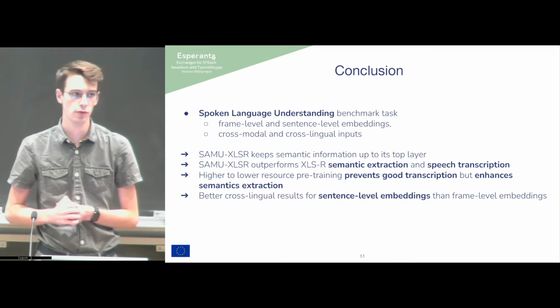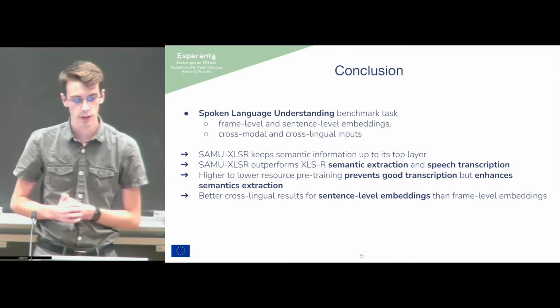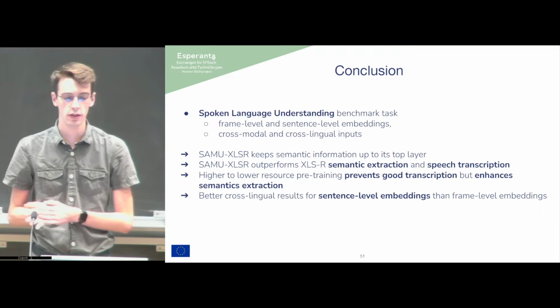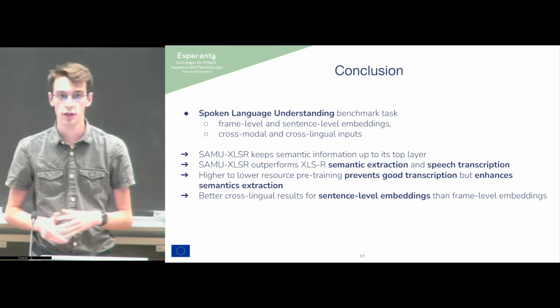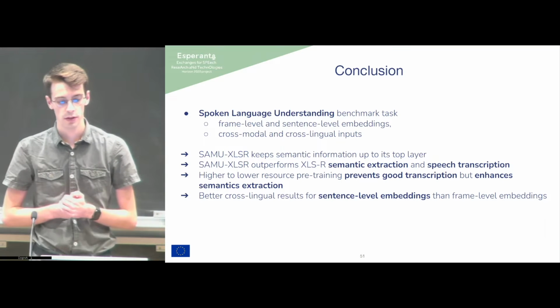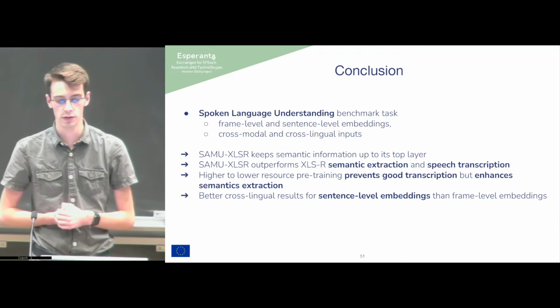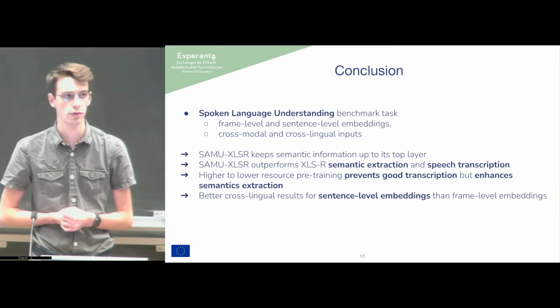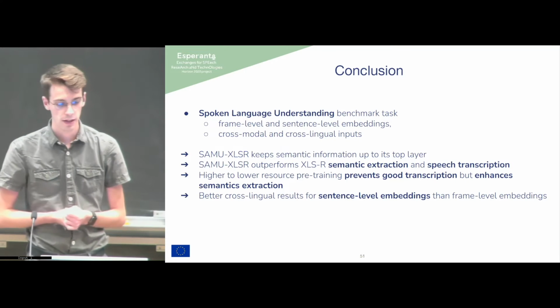To conclude, we trained spoken language understanding benchmark models on both frame level and sentence level embeddings, but also on cross-modal and cross-lingual inputs. We can see that SAMU-XLSR is able to get semantic information up to its last layer. Also, SAMU-XLSR embeddings outperform the XLSR embeddings on the semantic extraction and speech transcription tasks.